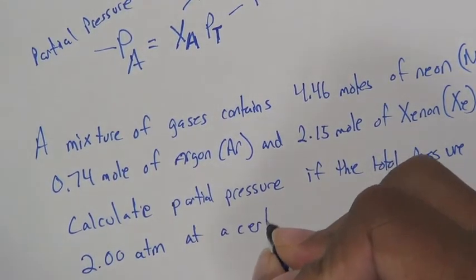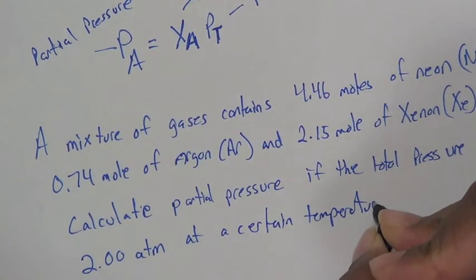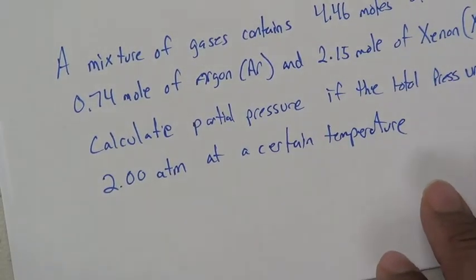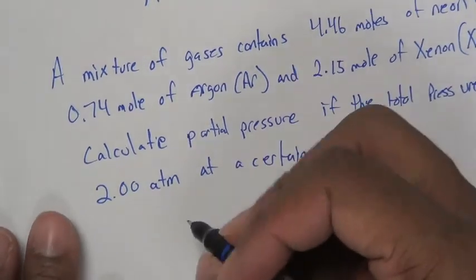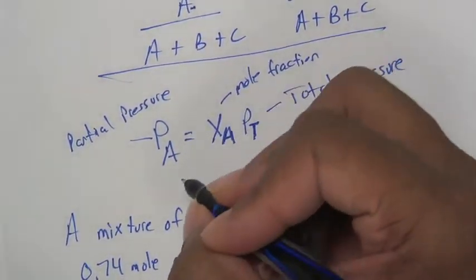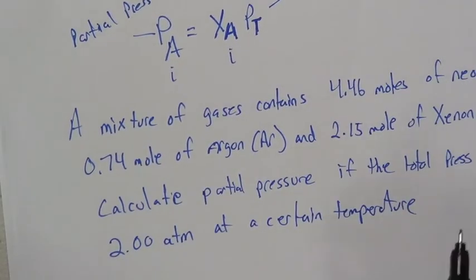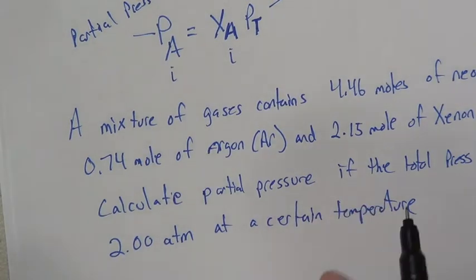So constant temperature. All right. So remember our formula. This is the formula we're going to use. Okay. And you say A can be I and S can be I. These are the same thing no matter what. Okay. So we're going to do the partial pressure of neon.